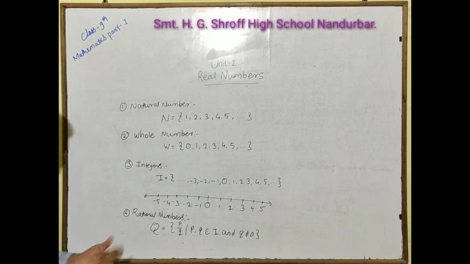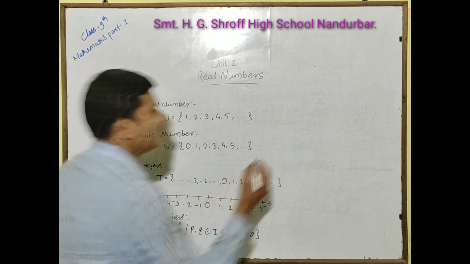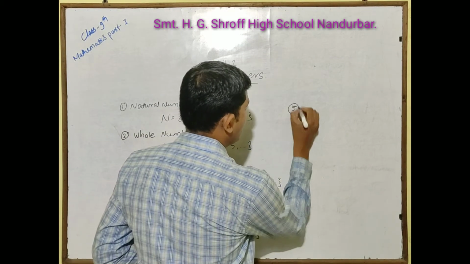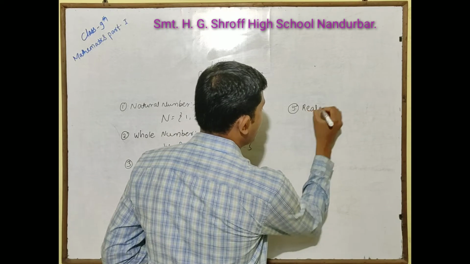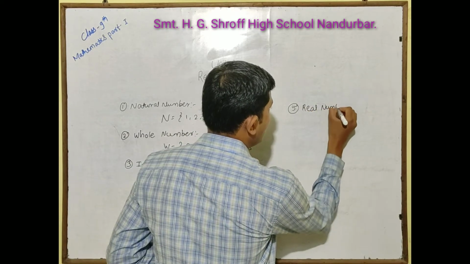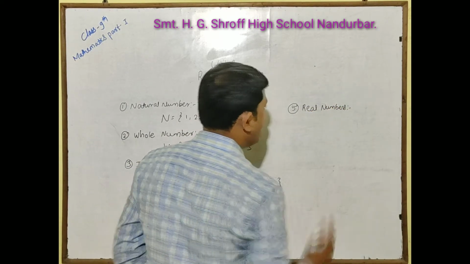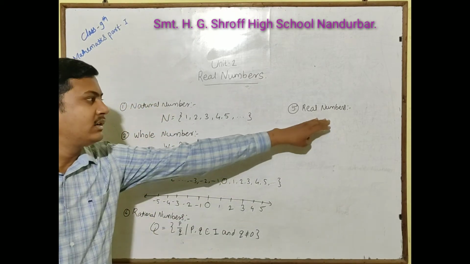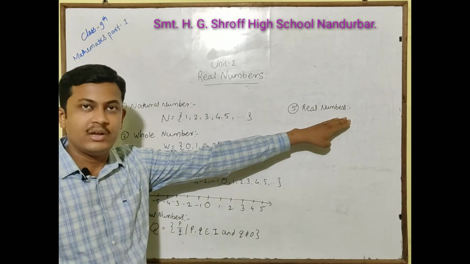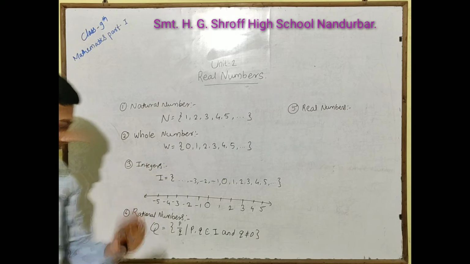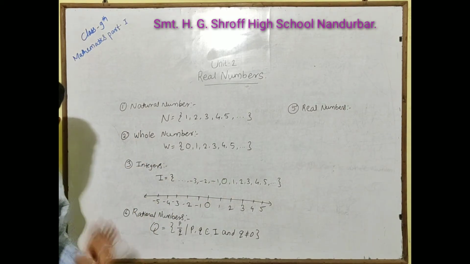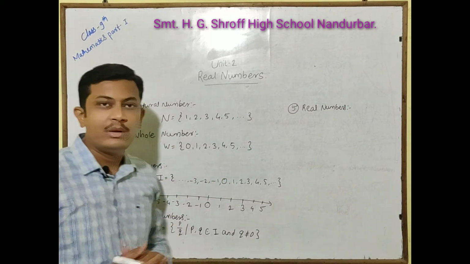Then come the real numbers. Before starting the definition of real numbers, there is another definition of rational numbers and of irrational numbers. Rational number means what?